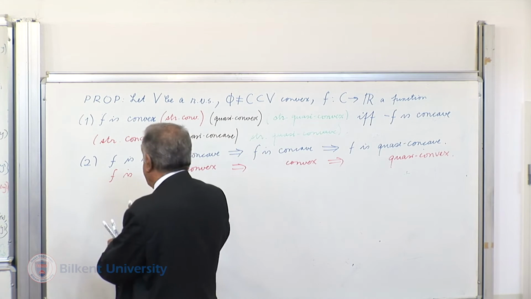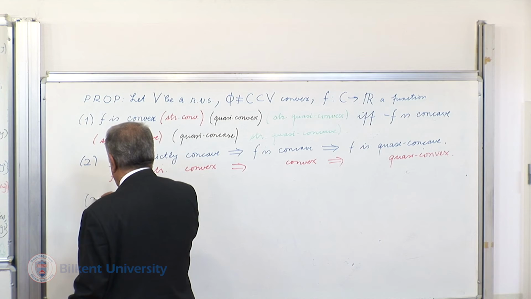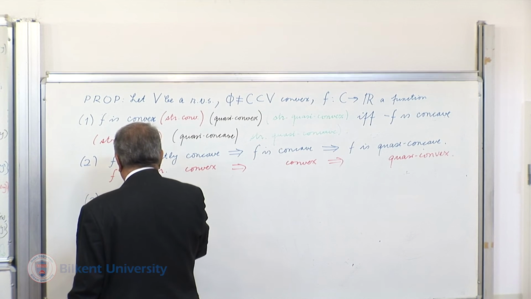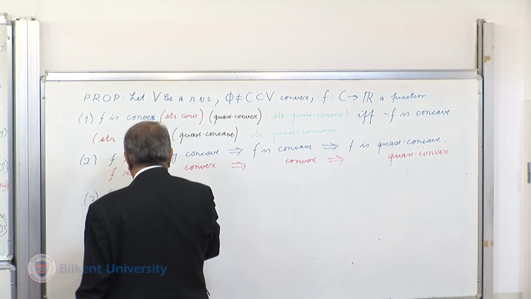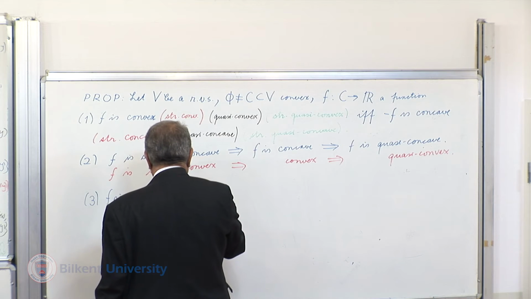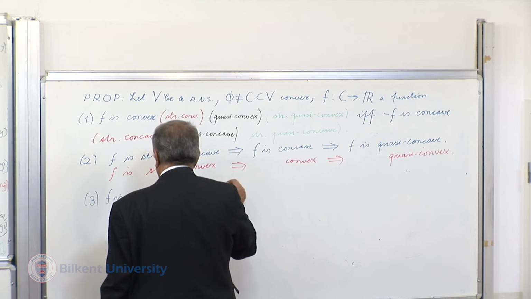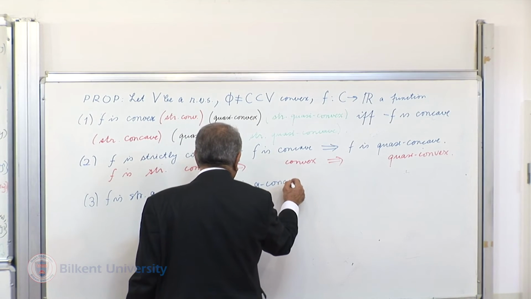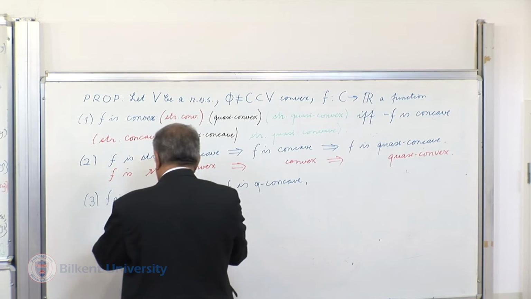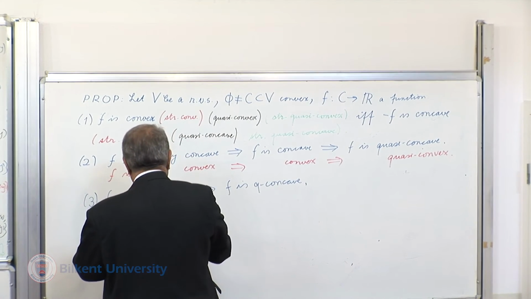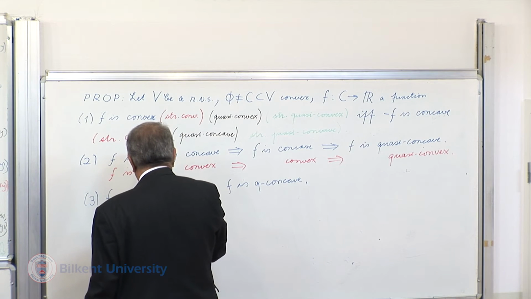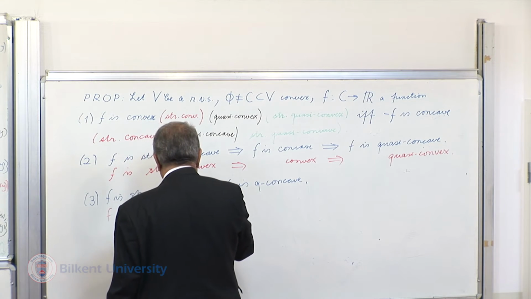And thirdly, which is also clear, f is strictly quasi-concave implies f is quasi-concave, and f is strictly quasi-convex.